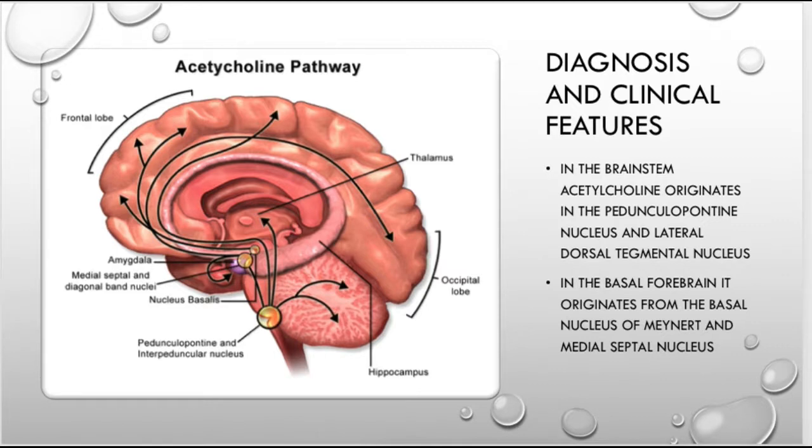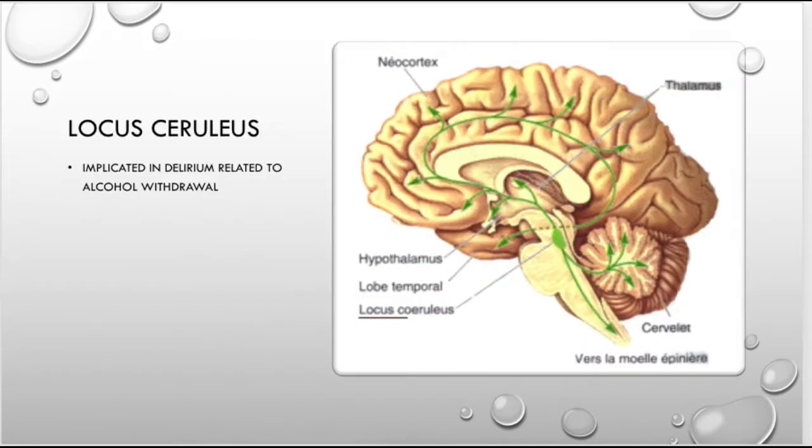And again, acetylcholine being the major neurotransmitter, anticholinergic drugs tend to precipitate delirium, and that's where we get this theory from. And the locus coeruleus I had mentioned is implicated in alcohol withdrawal, so this just kind of shows you where the locus coeruleus is and how those projections spread throughout the brain and brainstem.